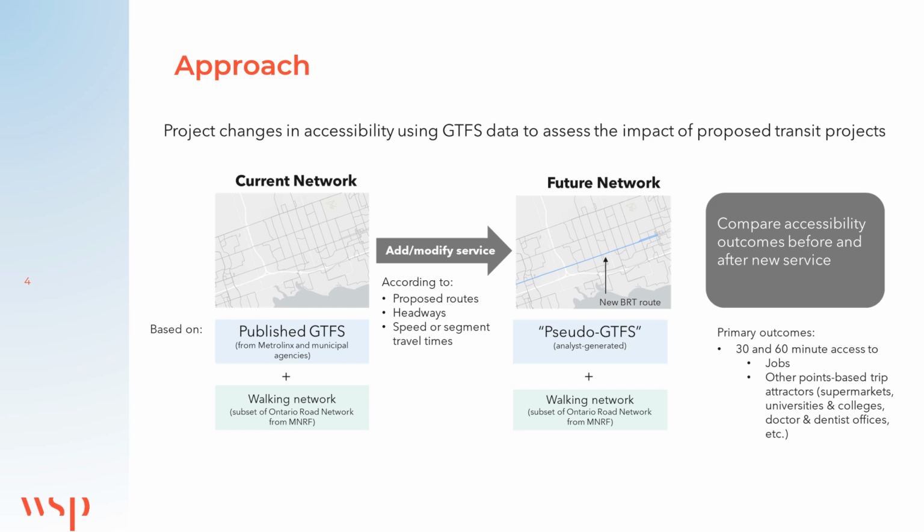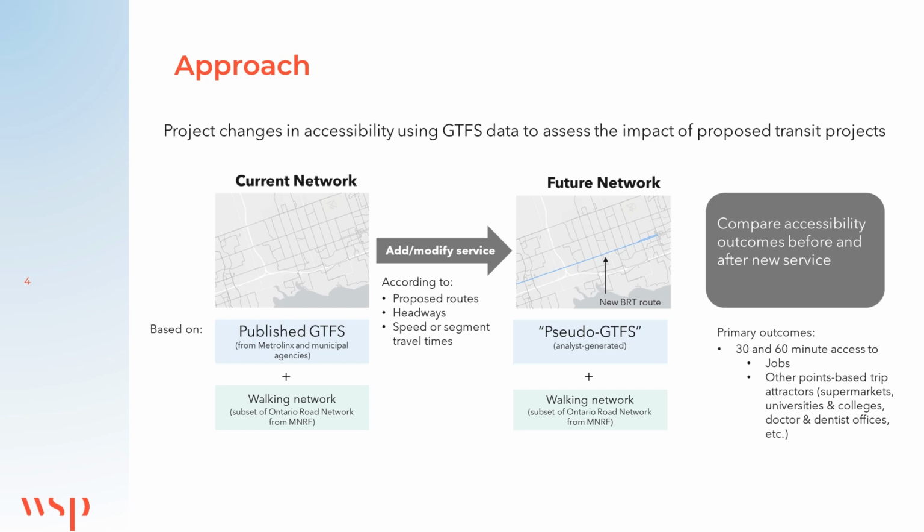The alterations to the GTFS can be done on an ad hoc basis or brought in from EMME. So it can be done to test long-range transportation plans like 25-year networks versus current networks, or it can be run simply to assess minor service changes and the impacts of those minor service changes.